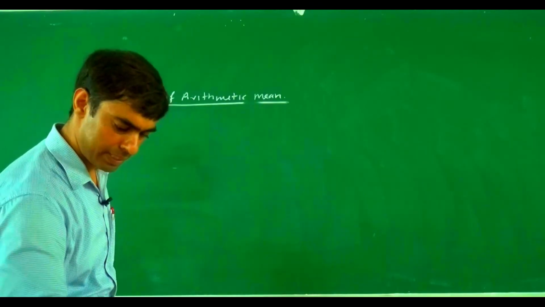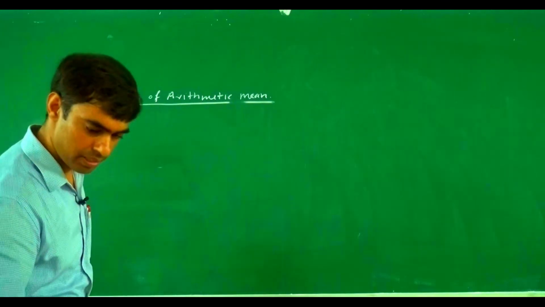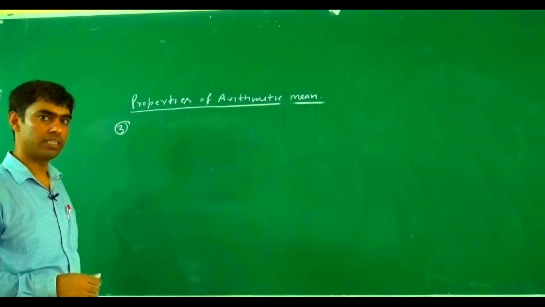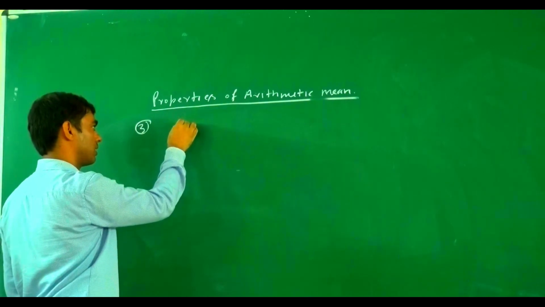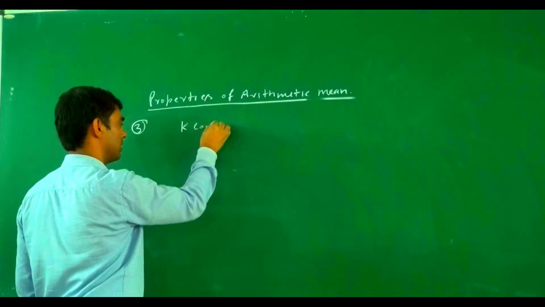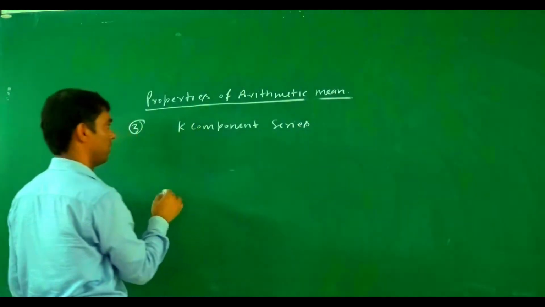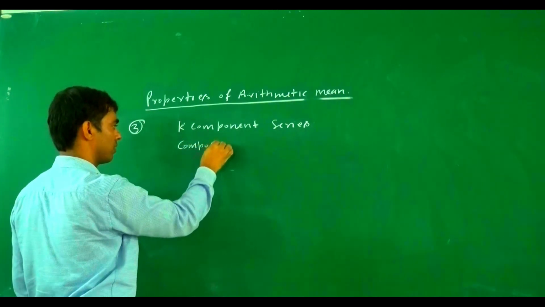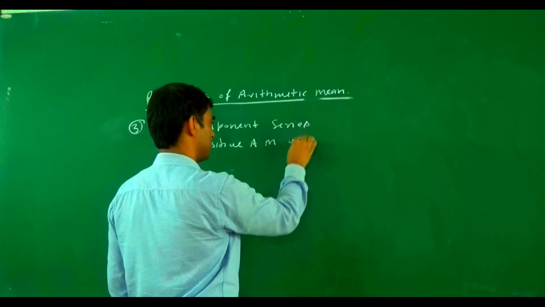The third property is what? We talk about the third property. If there is a series having k components, so there is a k component series, then the composite arithmetic mean of the series.